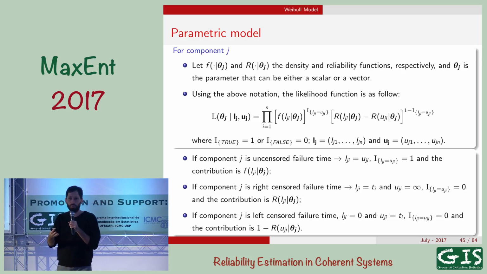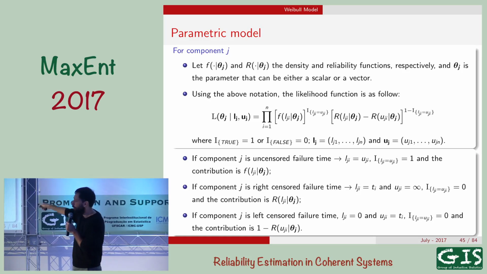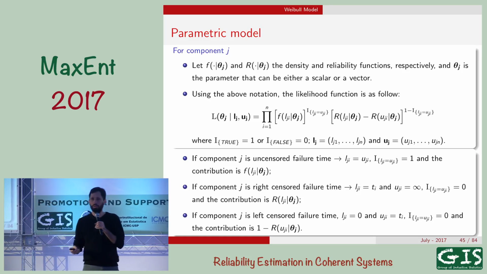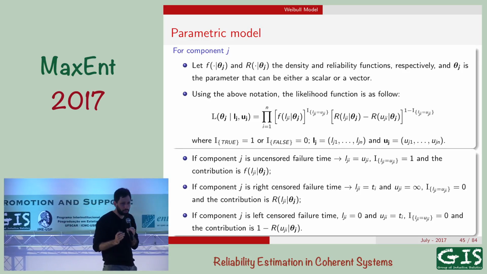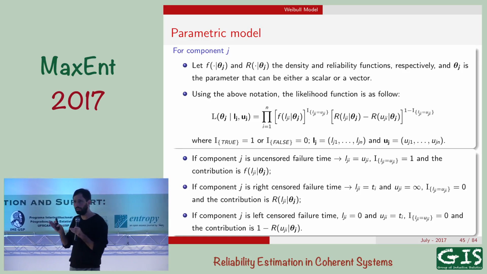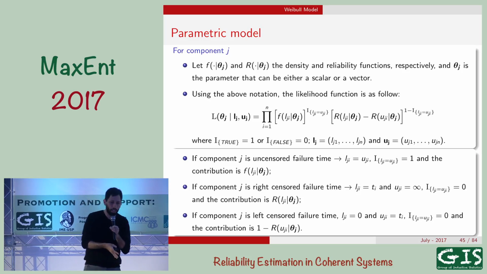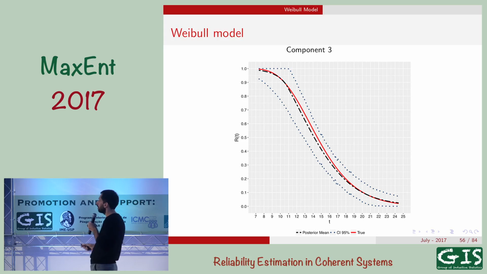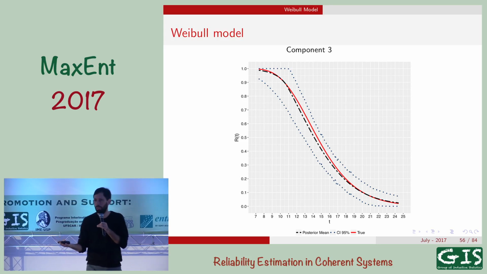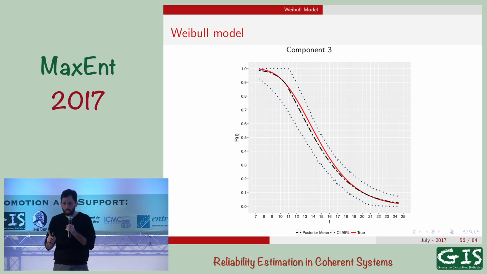Then I can just use a model directly for the system. So this is one point that we are talking about here. We are looking at marginal distributions of components. If you are interested in the system reliability, you look at the system data. So we don't have it here, because it was not what we were trying to do.